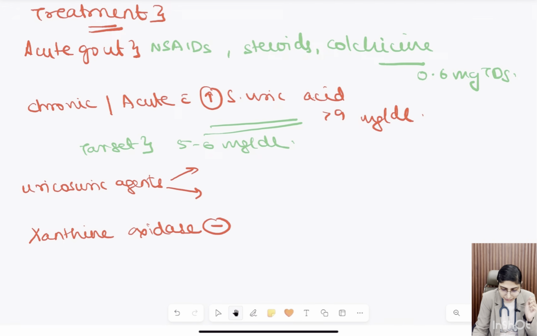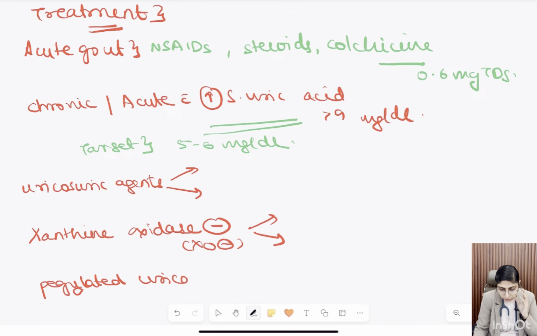So xanthine oxidase inhibitors, XO inhibitors. So we have 1 and 2 of these. And then there is a new enzyme, that is uricase. So a pegylated uricase, as the name suggests, it breaks down uric acid. So these are the medicines. Let's learn their names. So a total of 5 medications: 2 uricosuric agents, 2 xanthine oxidase inhibitors, 1 pegylated uricase.